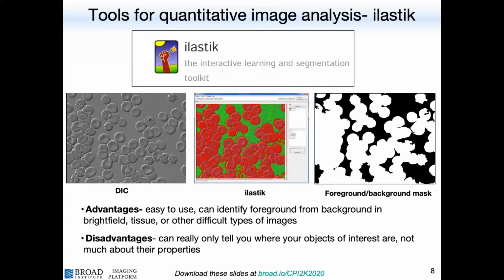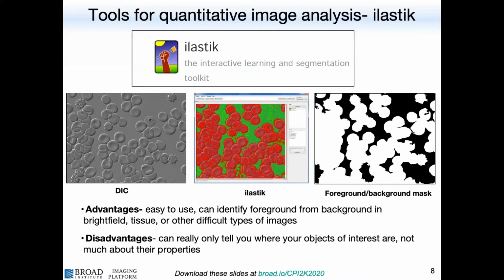From those classes, the computer learns which pixel belongs to which group, foreground or background, and then it can create these digital stains. This is great, and it's something that CellProfiler doesn't do.